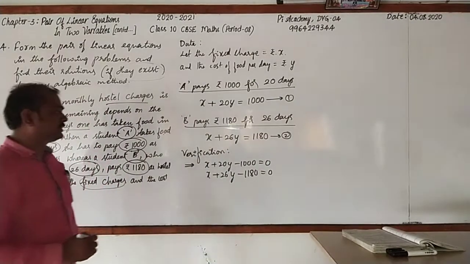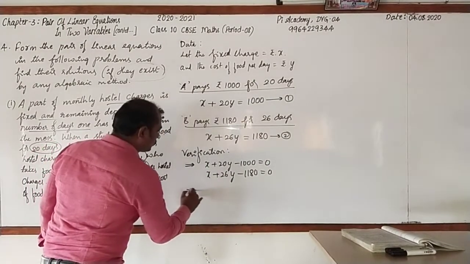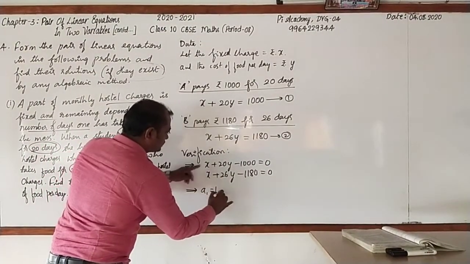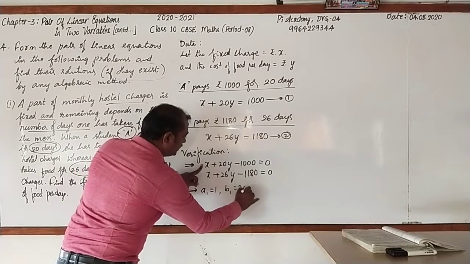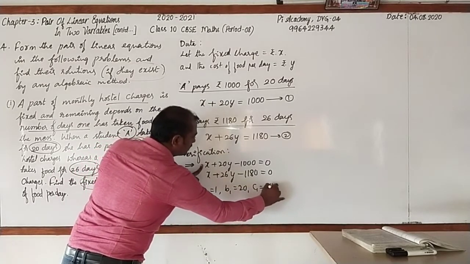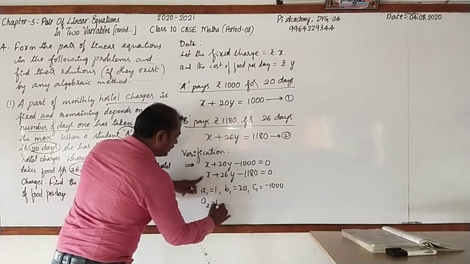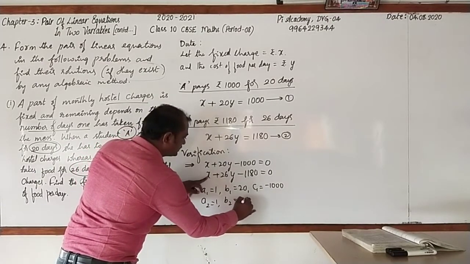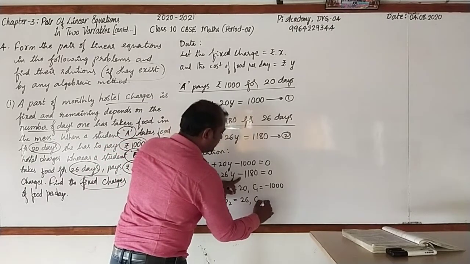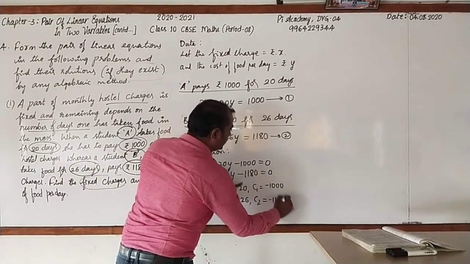That is also in standard form. Write the coefficients. A1 is 1, B1 is 20 and C1 is minus 1000. Next, A2 is 1, B2 is 26 and C2 is minus 1180.